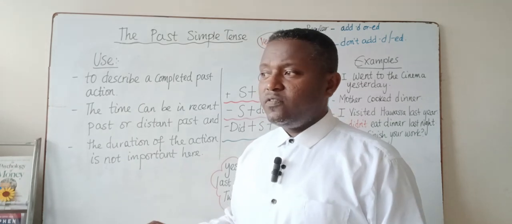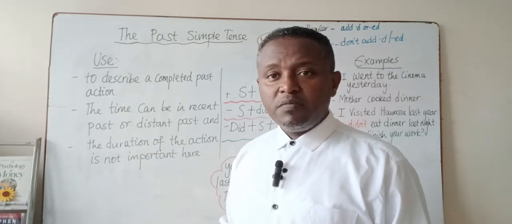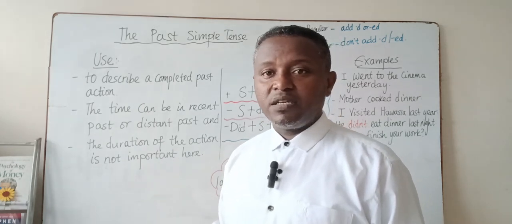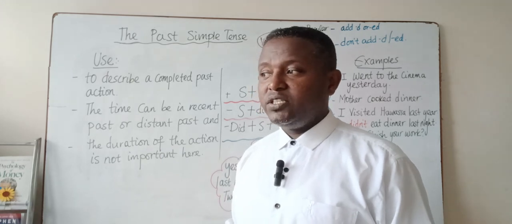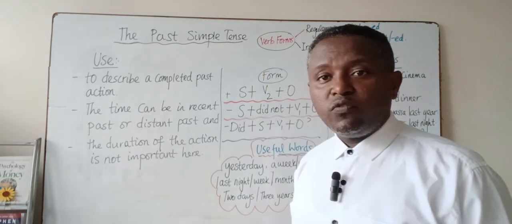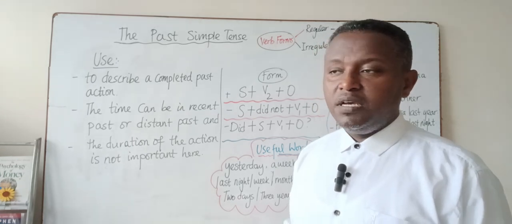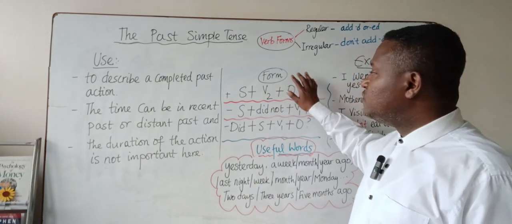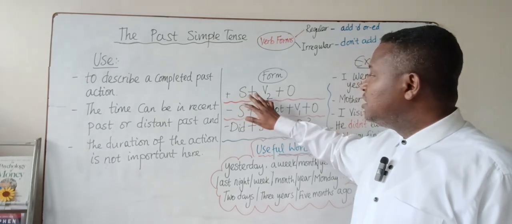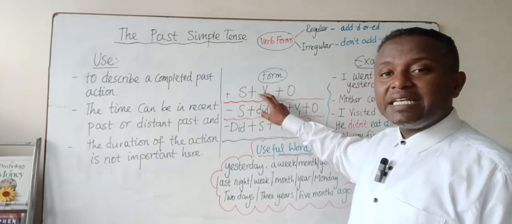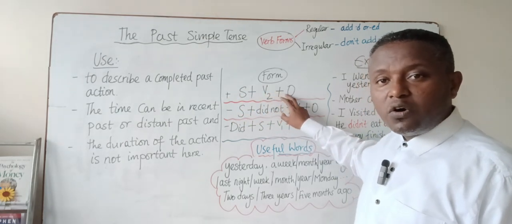So if we use the past simple to talk about completed past action, how are we going to form it? How are we going to construct a past simple structure? A past simple structure is constructed using subject plus verb 2 plus object.